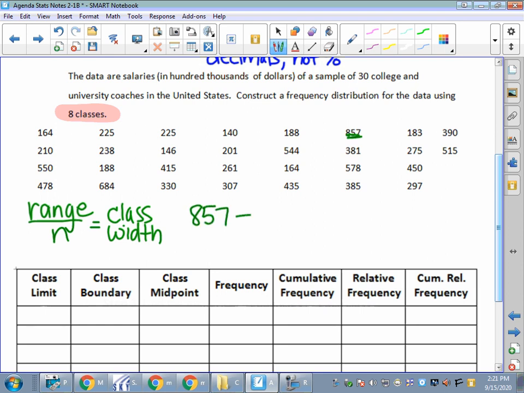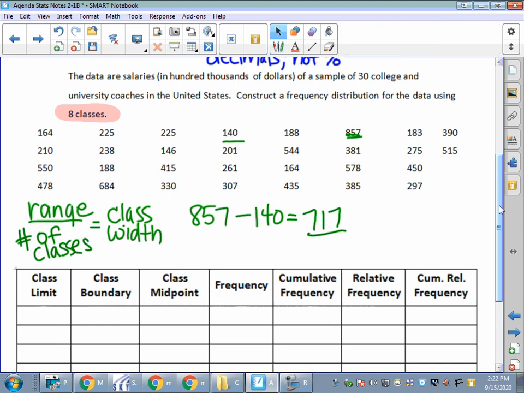Smallest value looks like it's going to be 140. So 857 minus 140 is going to be a grand total of 717. I'm going to divide that by, that shouldn't be n, fix that. That should be the number of classes. Man, I'm a mess today. Fix that, highlight it, don't forget it, because I just did.